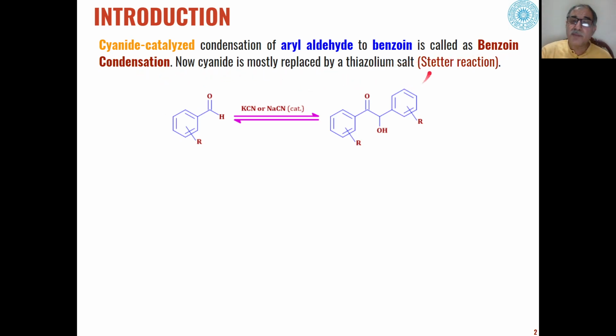So depending upon the substrates, when we use thiazolium salts, either we will get benzoin condensation products or we will get Stetter reaction products. In this lecture we will discuss benzoin condensation, but the difference between benzoin condensation and Stetter condensation will be clarified in the next lecture, which will be on the Stetter reaction.